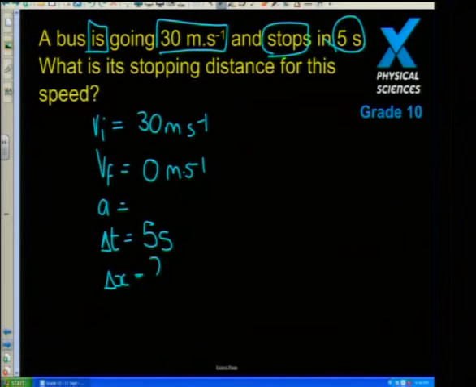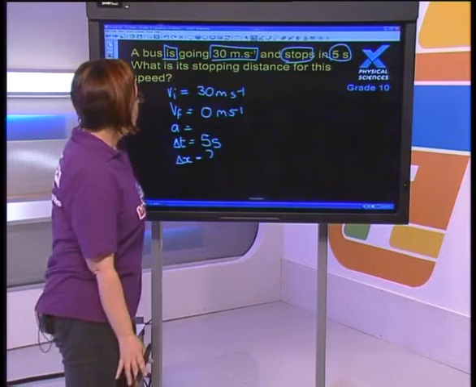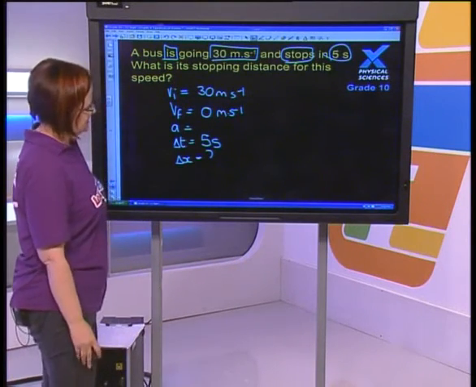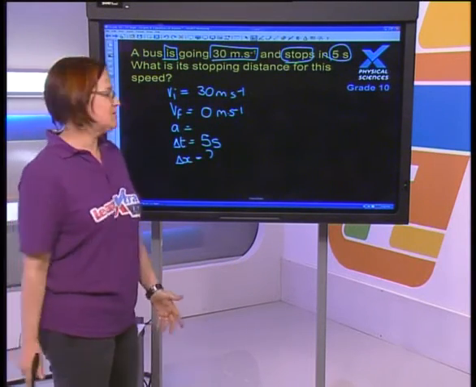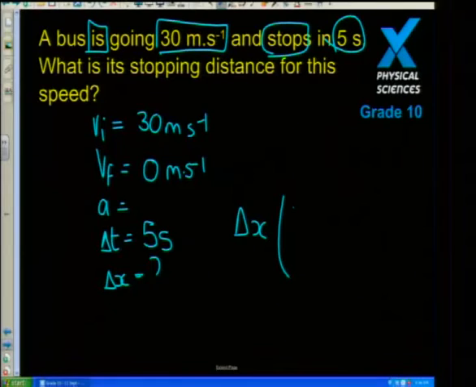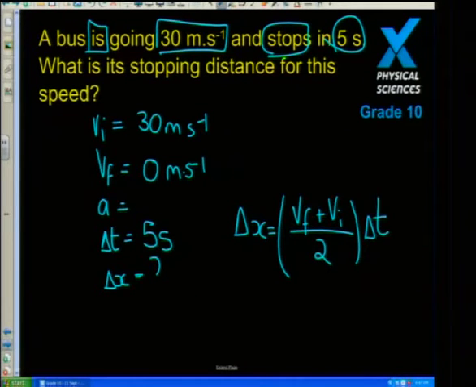Delta X. Like I said to you earlier, there's lots of ways you can do this. We can work out the acceleration. It's not that difficult. And then use that to work out delta X. You want to make it as simple as possible. Remember, you have an equation that says to us that delta X is equal to VF plus VI divided by 2 times time. So VF, we've said, is 0.